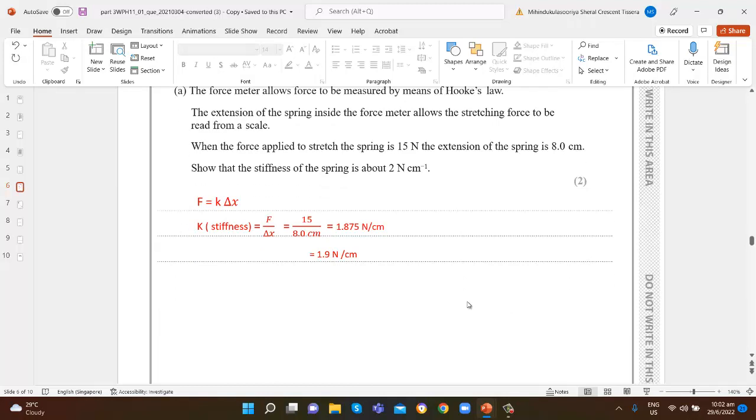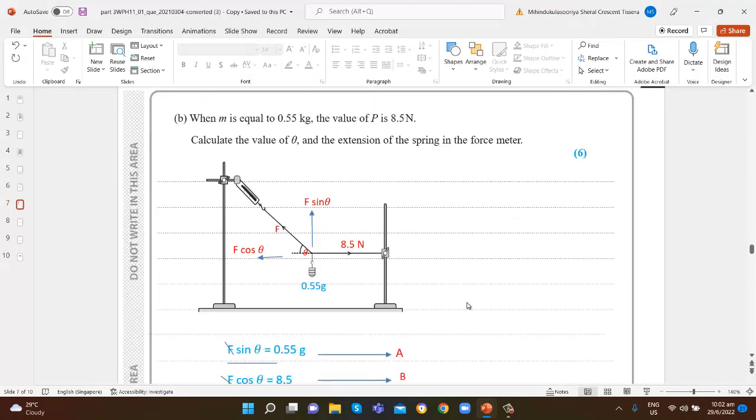B part. When M is equal to 0.55 kg, the value of P is 8.5 N. Calculate the value of theta and the extension of the spring in the force meter. I told you previously how to resolve F. Along theta it is F cos theta, the other way F sin theta.